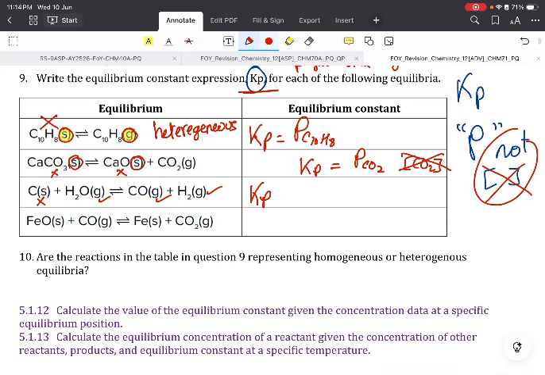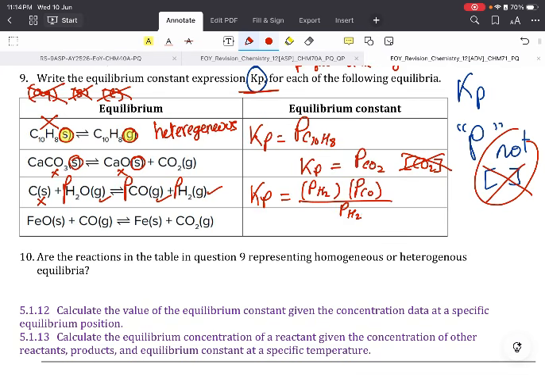Anything that is solid, anything that is aqueous, anything that is liquid will not be included in the formula of Kp. So in this case, I have pressure of hydrogen, multiplied by the pressure of CO divided by the pressure of H2O.